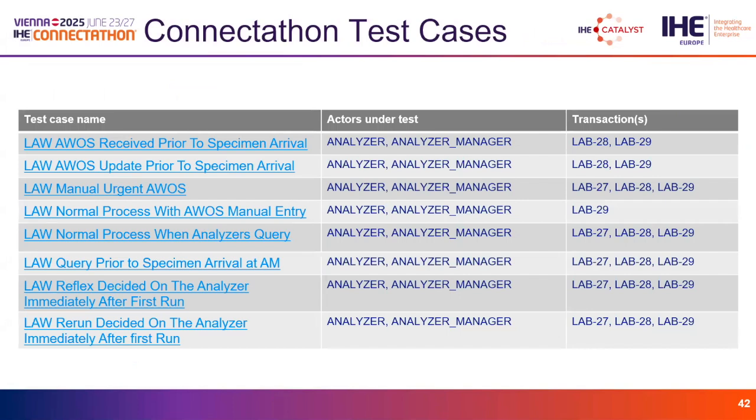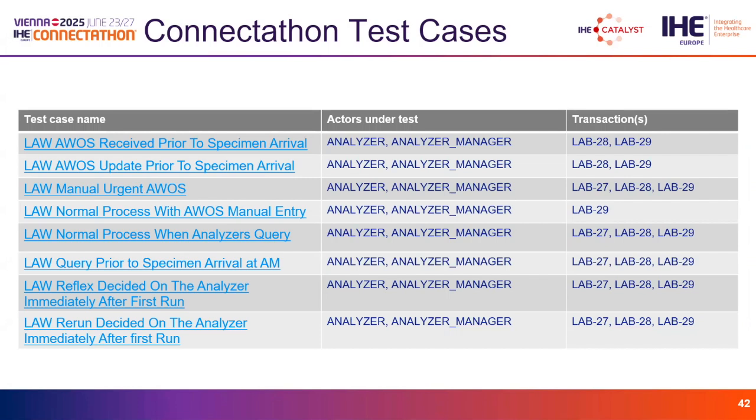This is the list of tests that have been defined for the connectathon for the laboratory analytical workflow. Mainly, each one covers a different use case. Also, some specific use cases, as I said, for example, rerun or urgent analytical work order steps, and involve the analyzer and the analyzer manager.